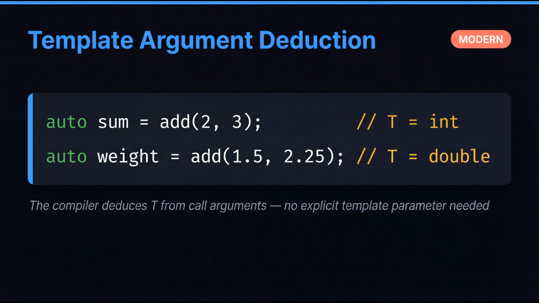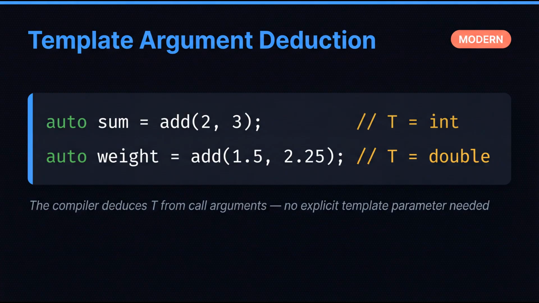In most cases, you don't need to specify the template argument explicitly. When you write autoSum = add(2, 3), the compiler looks at the arguments, both are int, and deduces that T is int. When you write autoWeight = add(1.5, 2.25), both are double, so T is double.